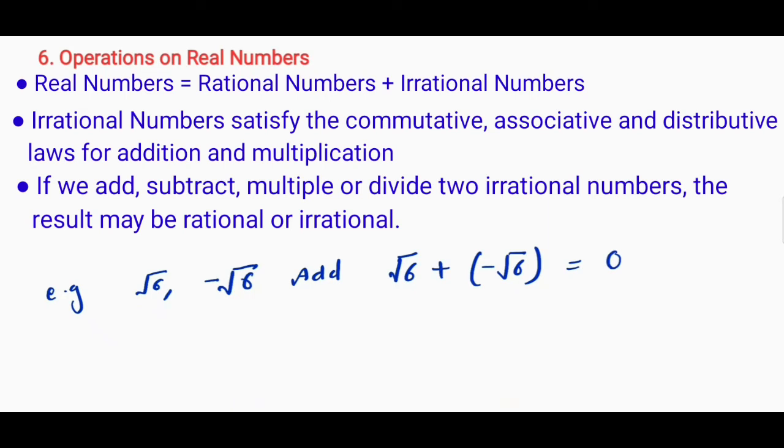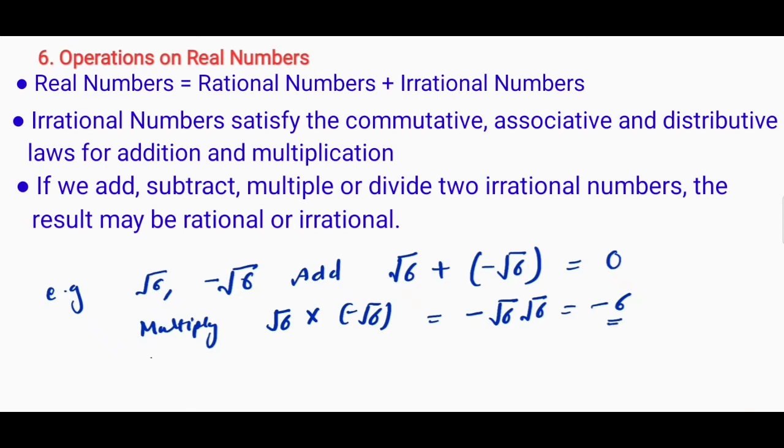Similarly, if I multiply these two numbers, I will get negative square root of 6 times square root of 6, which will be equal to minus 6. So this is also not an irrational number. Similarly, if I subtract these two irrational numbers, I will get 0.